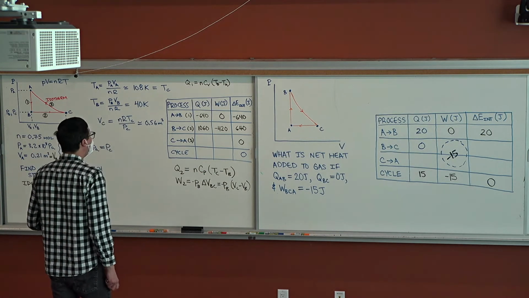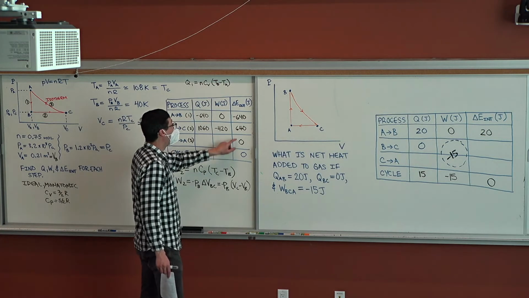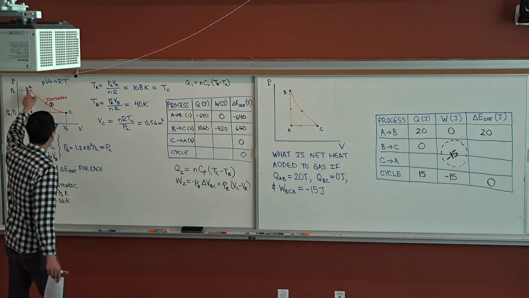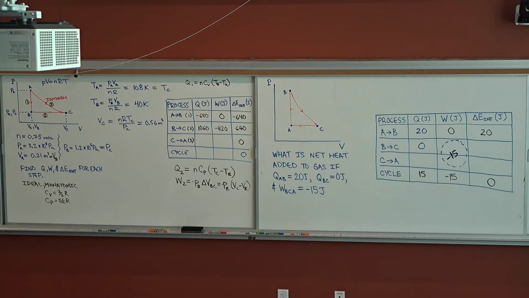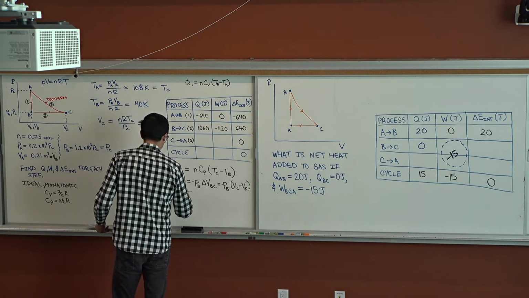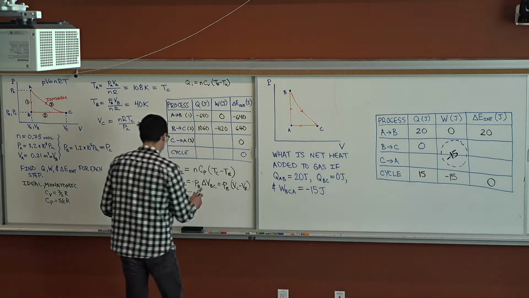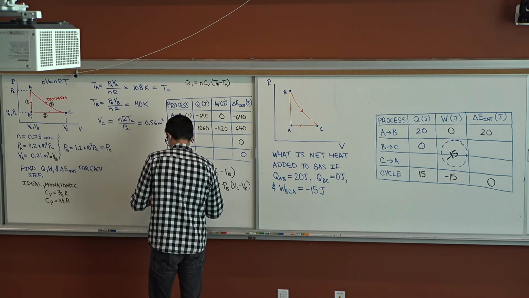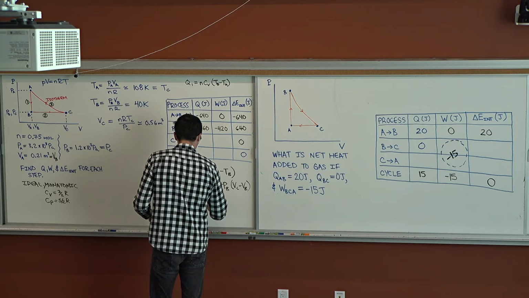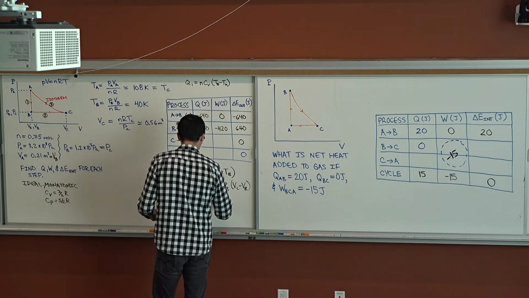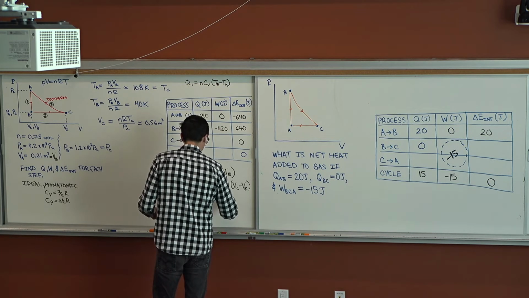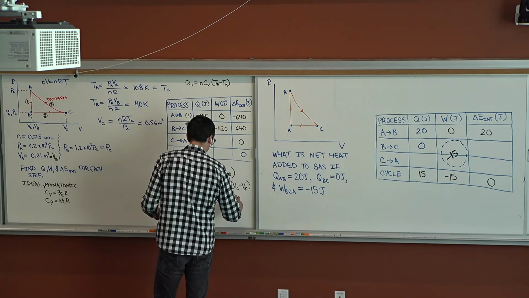From C to A, again, we know that delta E internal is 0 because it's an isotherm, right? The temperature didn't change. And so we could rely on what we saw yesterday. W3 is going to look like minus nRT at C times the natural logarithm of VA over VC.